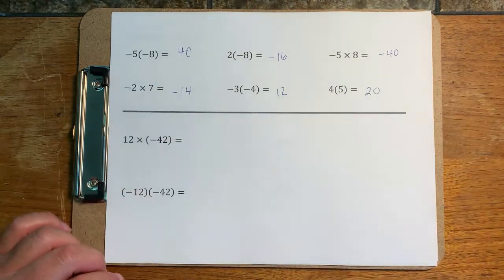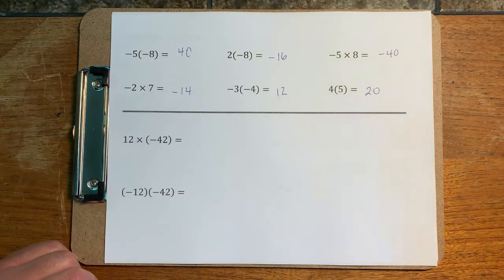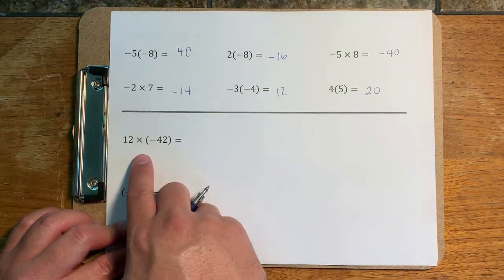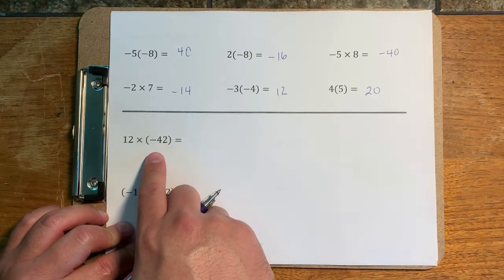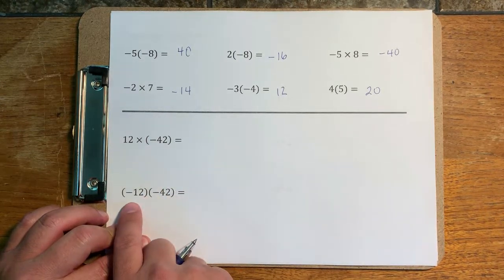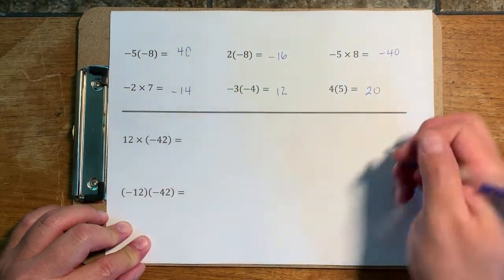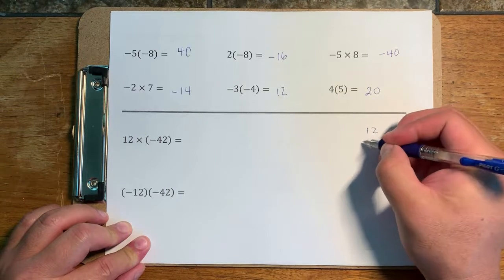Now, just know that these rules also work for larger numbers and also work for decimals and fractions. So let's look at this problem over here, 12 times negative 42 and negative 12 times negative 42. Both of these problems require you to multiply 12 and 42, so let's do that.